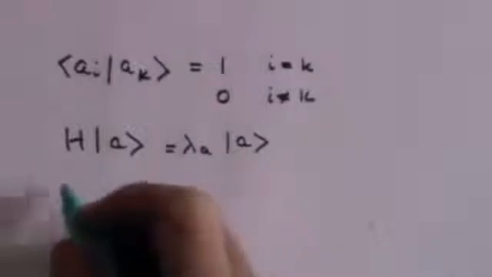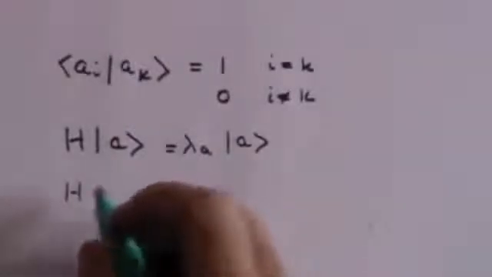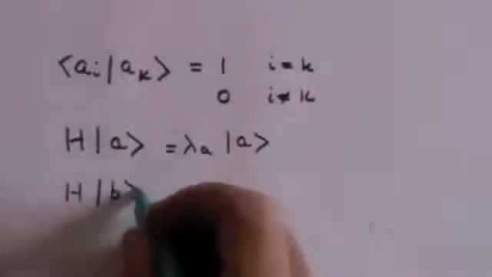And let's assume that the same Hermitian operator acts on another eigenvector, which this one we'll call B, to produce lambda B times B, or acting on B, I should say. So this is the same operator, but these A and B are two eigenvectors of that Hermitian operator.